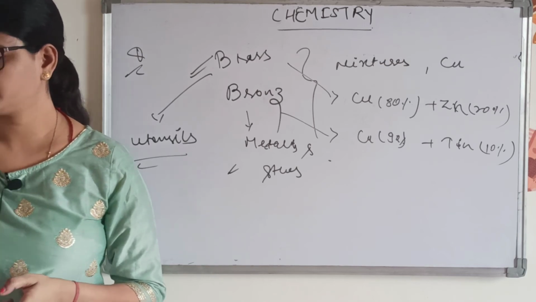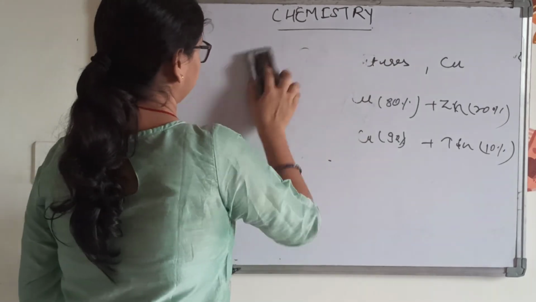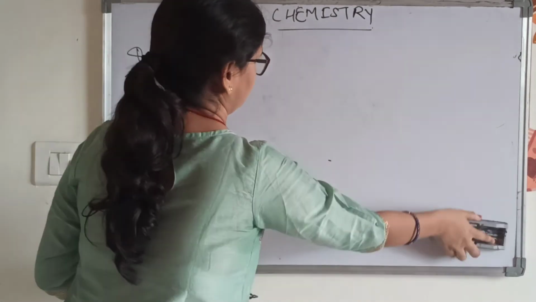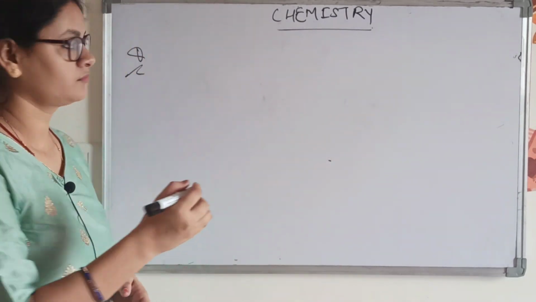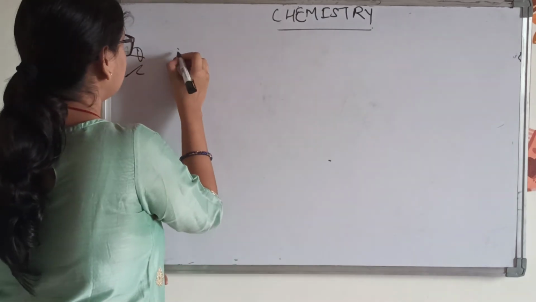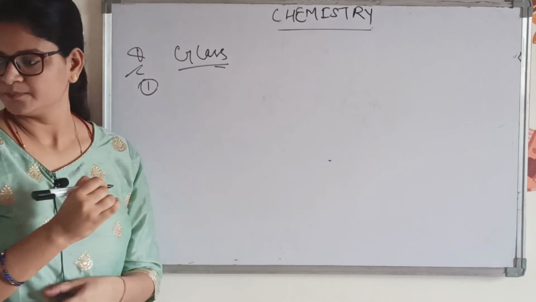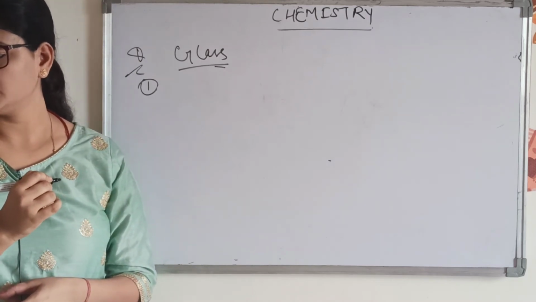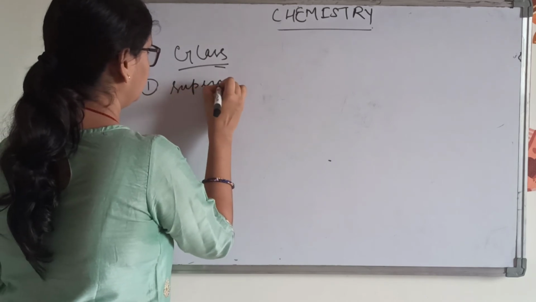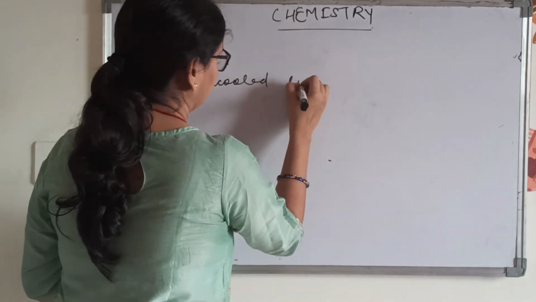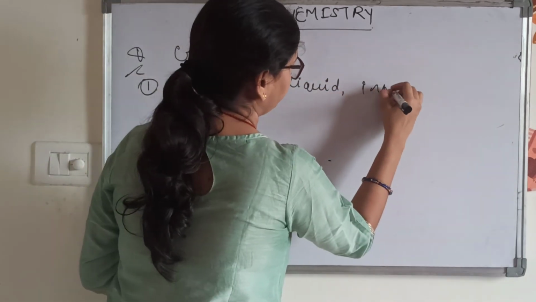Next is, which of the following statements are correct regarding glass? Glass is an amorphous solid. The first statement is, glass is a supercooled liquid having infinite viscosity.